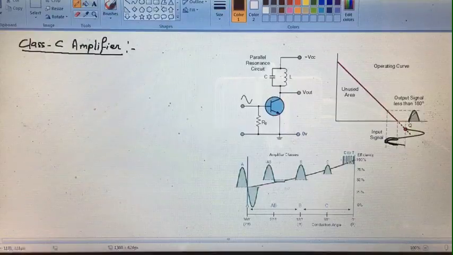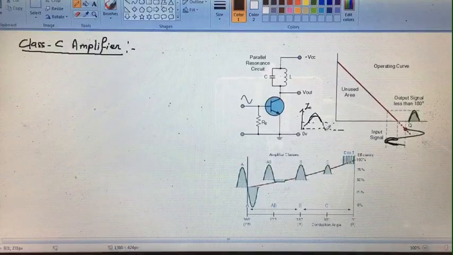And this is its output response. While in current response, there will be only less than half for the collector current. IC will flow only for less than half of the input and only in one direction. Here also we are seeing that for the input condition and the output signal less than 180 degree. That is, it is responding for 0 to less than 180 degree.